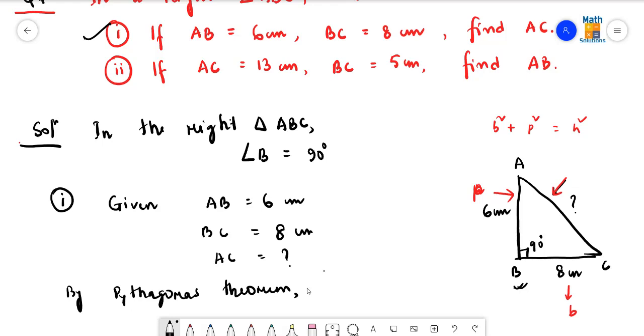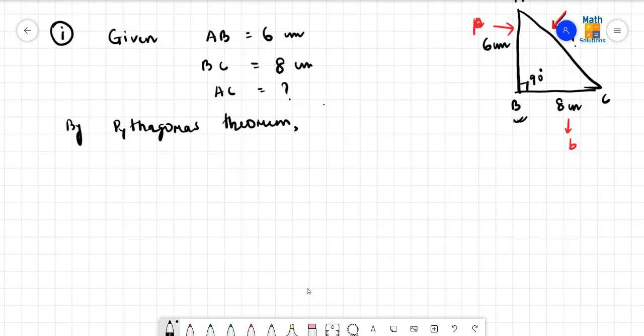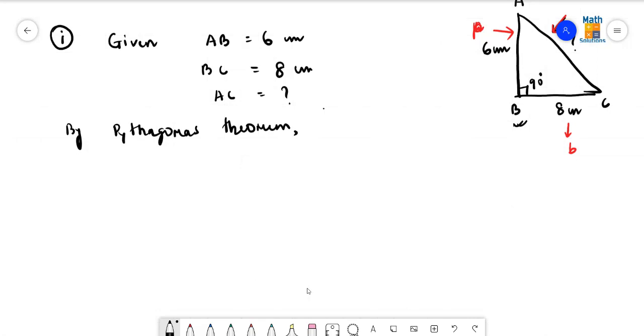What did I write? Of course AC is the hypotenuse, so the hypotenuse will be written alone on one side. So it will be AB square plus BC square, the sum of squares of the base and perpendicular, will be equal to the hypotenuse square. So here let's put the values.